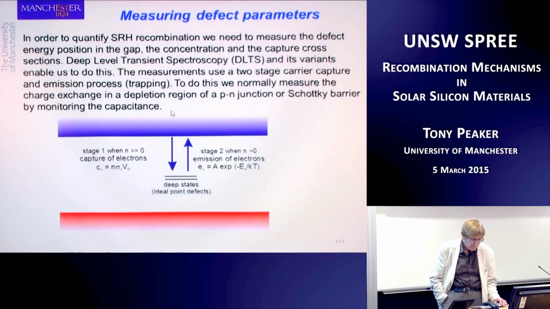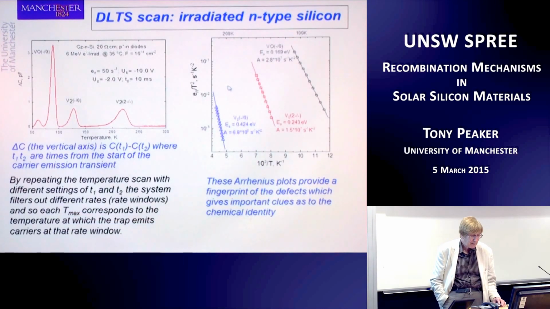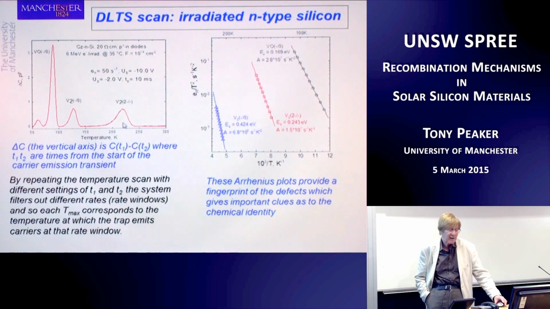And in this process, we get an activation energy, which is approximately the depth, the distance of this from the band. And this increases exponentially with temperature. And so that we can look at this over a very wide range of conditions and look at lots of different defects using this technique.